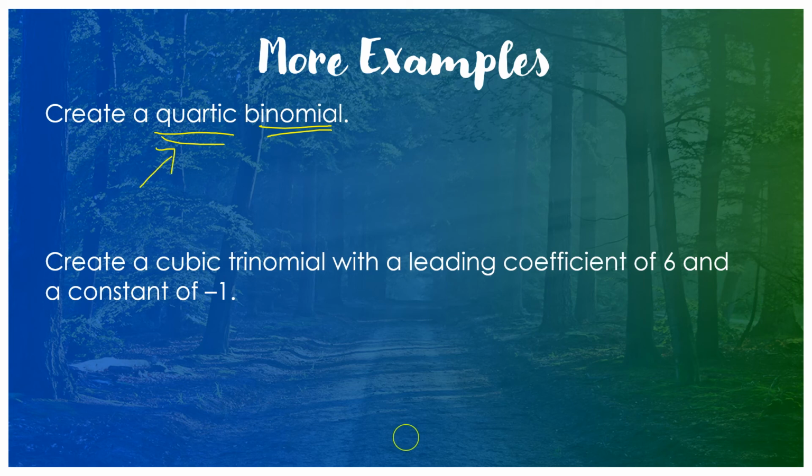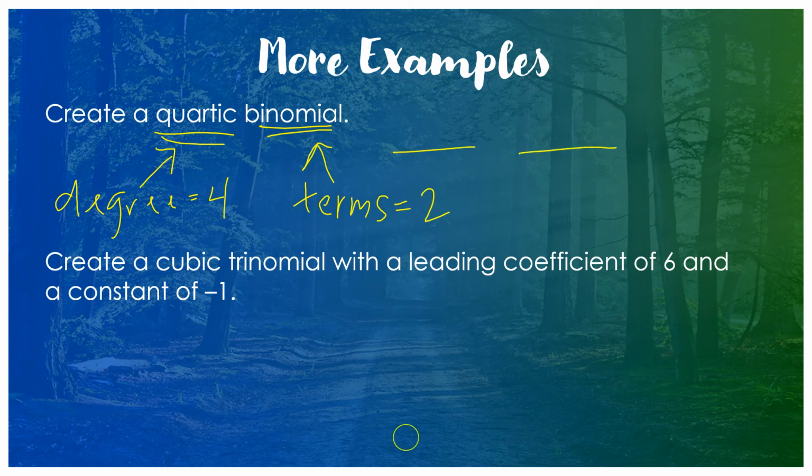So quartic is talking about the degree, and it means that the degree is 4. Quartic is 4. Binomial is talking about the terms, and it's saying that you have 2 terms. So we're going to come up with a polynomial that has 2 terms, and the highest exponent is 4.